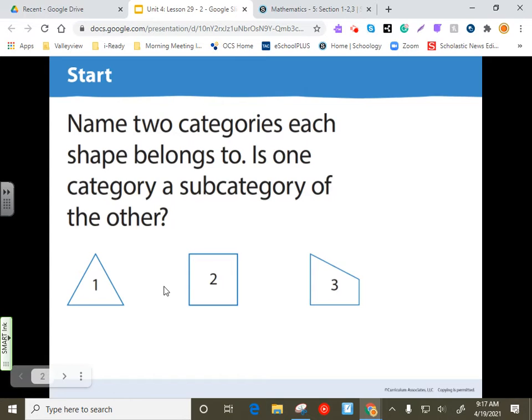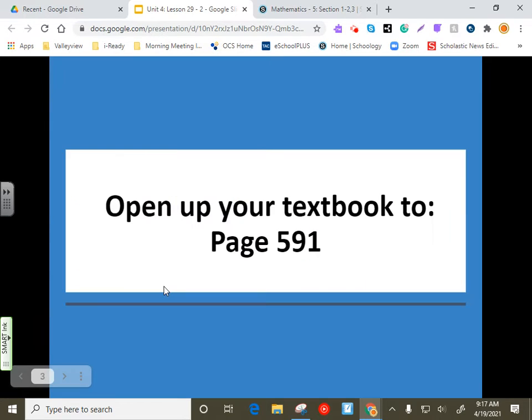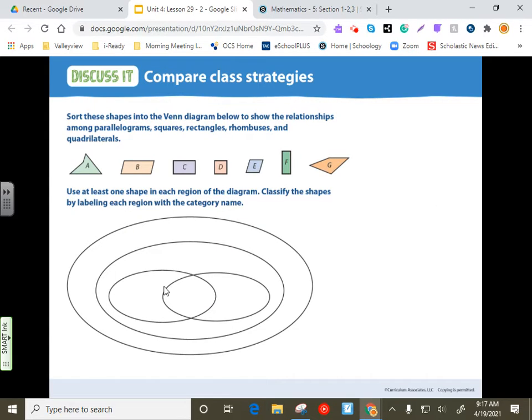All right, so this lesson will start on page 591. And it wants to sort these shapes A through G right here in this Venn diagram. So we want to start with our most general shape and then go forward. What I'm going to look at first are these two shapes right here, because they look like the odd ones that are not like the other ones.